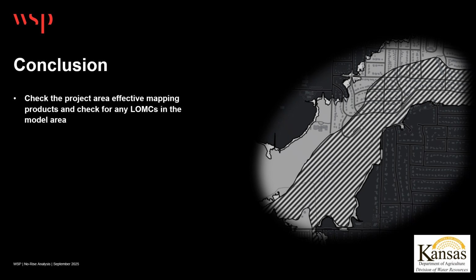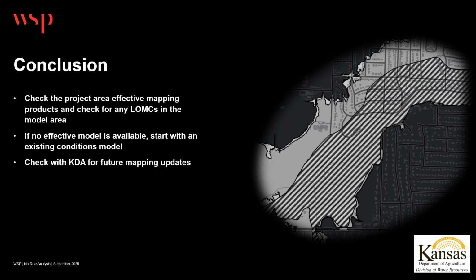Now, some important points to remember while you're going through these processes: always check the project area effective mapping products and check for any letters of map change in the model area. If no effective model is available, then you can just start with an existing conditions model.